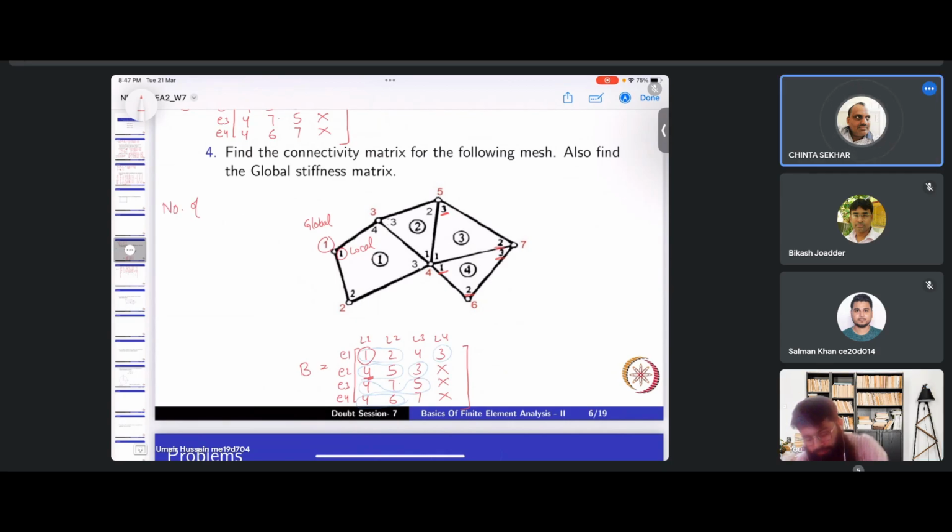Four elements. Total element level equations. Four elements means total how many equations are we getting? So we have four elements. First of all, let's look at each element. For element one, how many equations do we have?